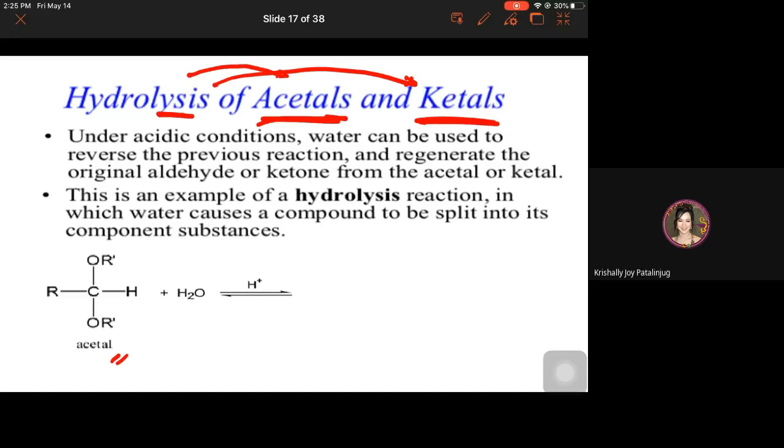Now, upon adding water, what happens here is this water will protonate the OR group of the acetal.